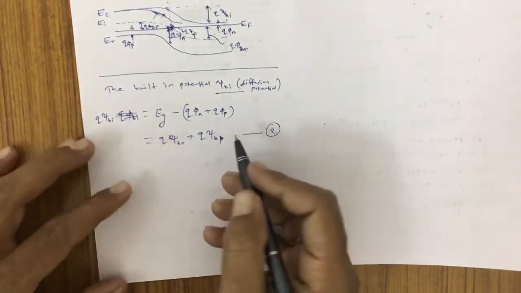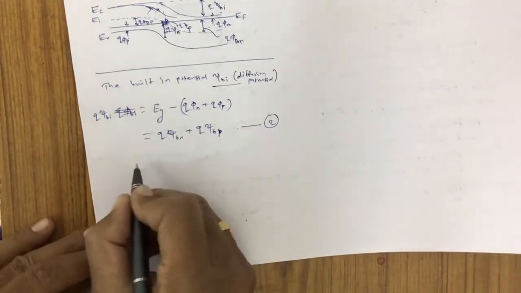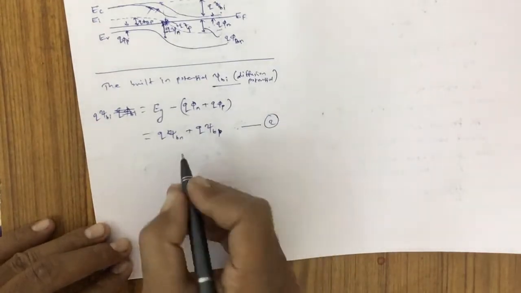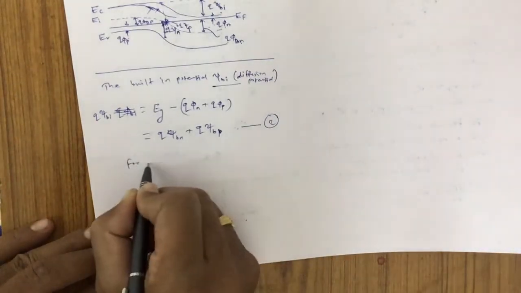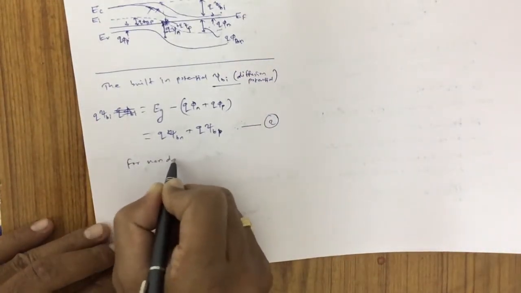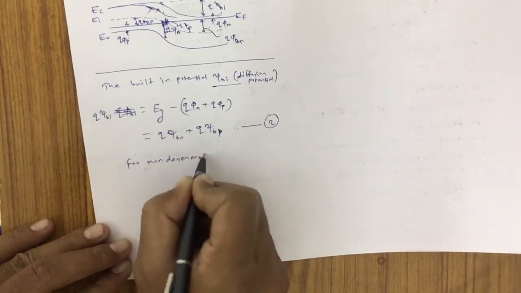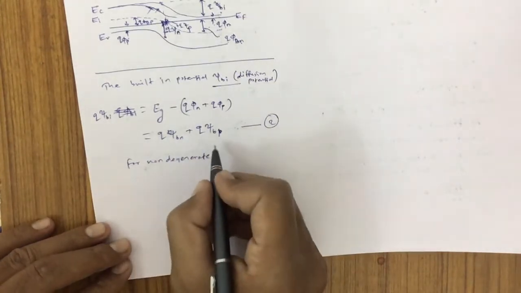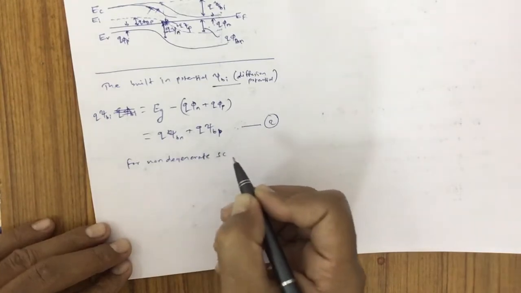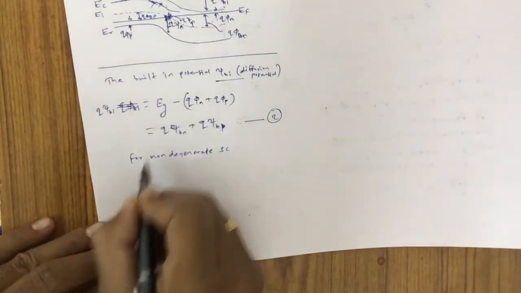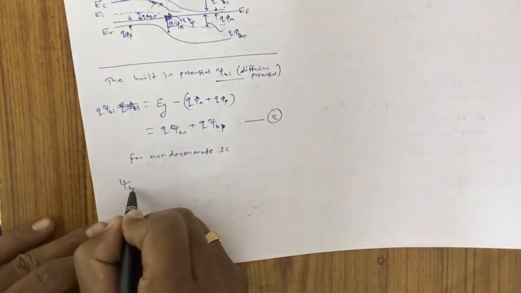So for the non-degenerate case, which means we are having a lightly doped semiconductor, I can write down psi bi.